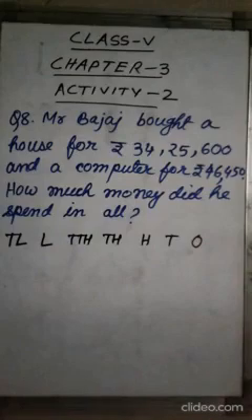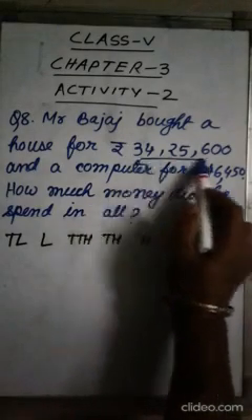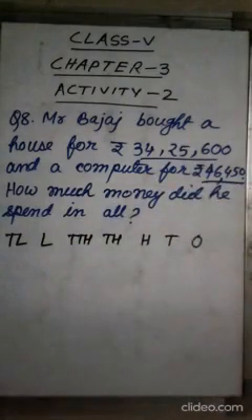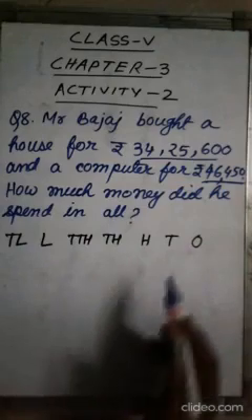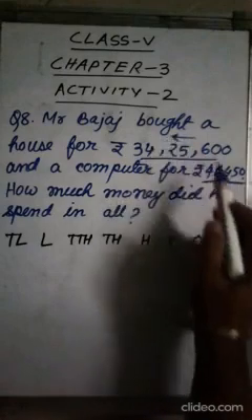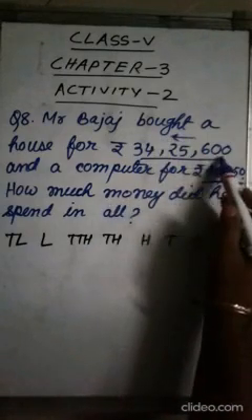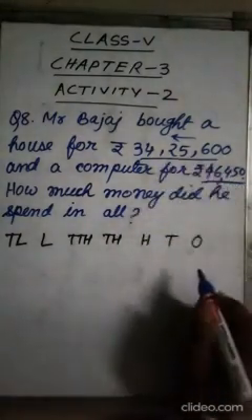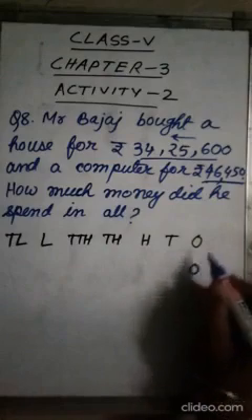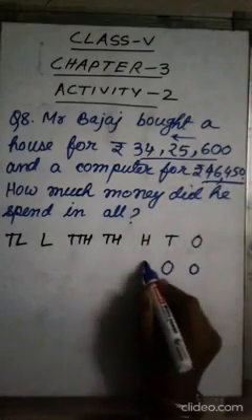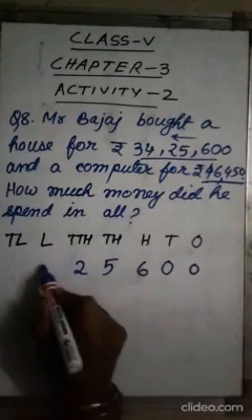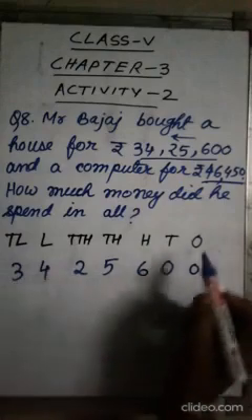So Mr. Bajaj bought a house for this much and a computer for this much. How much money did he spend altogether? We have to find out. Entering this number in our place value chart, the digits from the last: 0, 0, 6, 5, 2, 4 and 3.